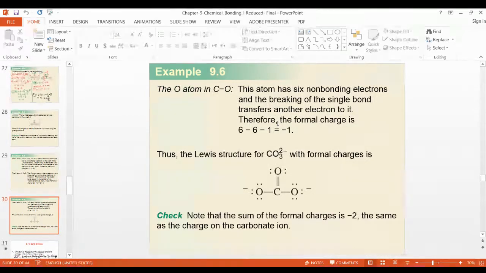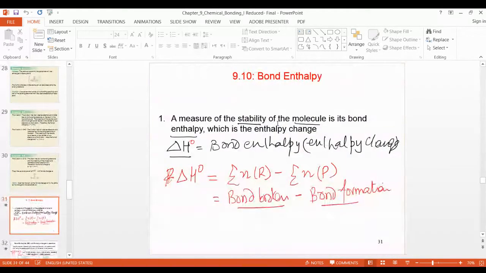This is all the method I already explained. Bond enthalpy is different from enthalpy of formation. This is bond energy, absorbed or released.